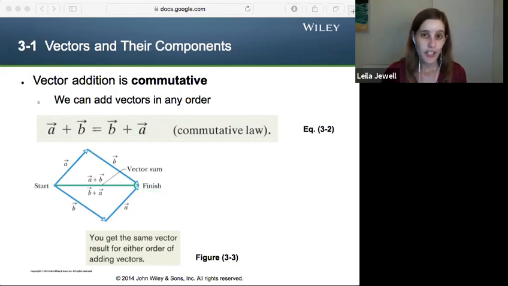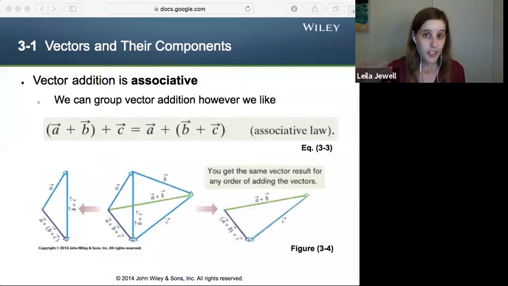Another interesting fact, or maybe not so interesting, but I think it's interesting with vectors, is it's associative. So we can group the vector addition however we want. We can add it in any number of groupings. So here's adding vector A with vectors B plus C grouped together.